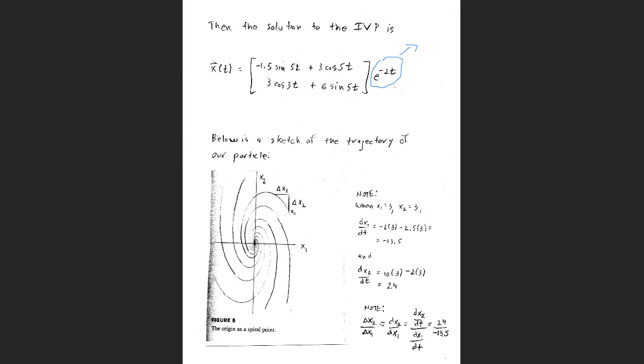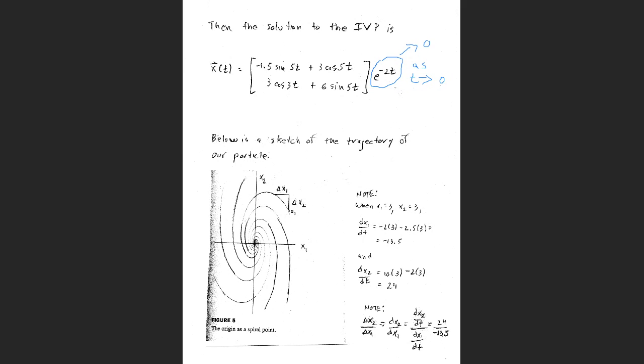It approaches 0. So that means the solution, as time increases, approaches the origin. And you notice that they draw different trajectories here, and they all approach the origin.